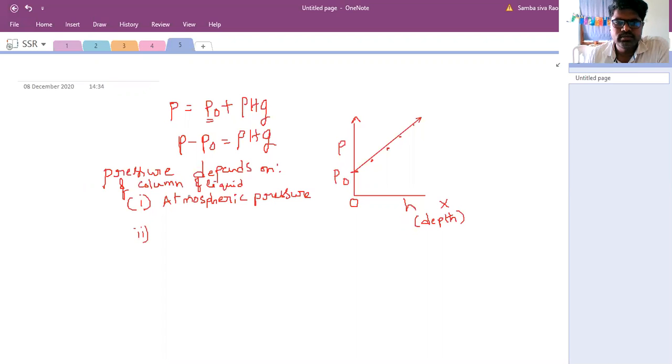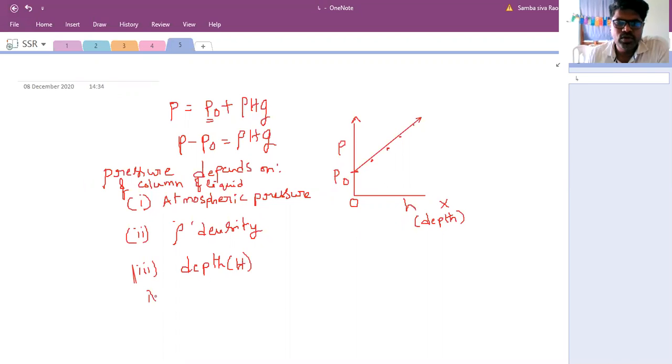Second is rho, the density of the liquid. Third is the height or depth h of the fluid or liquid, either small h or capital H, no problem.